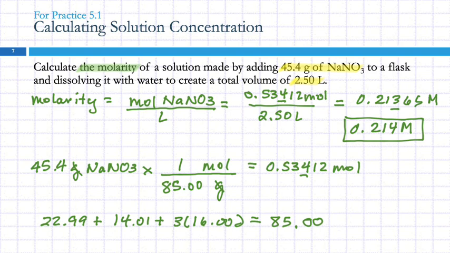Any questions? Yeah, the capital M stands for molarity. It stands for moles per liter. So the capital M is like an abbreviation for moles per liter. I suppose if we dug, we could find the history of that.